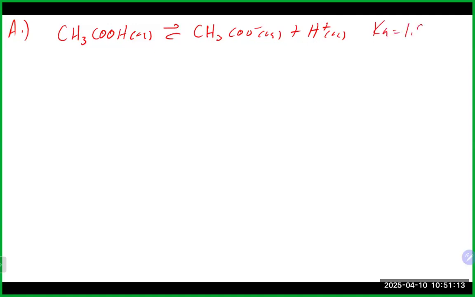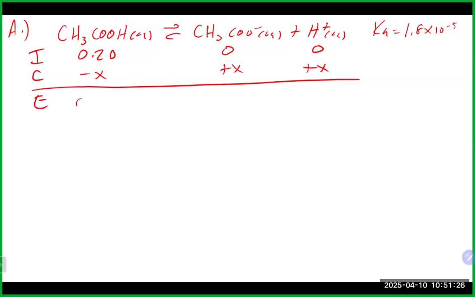So that acetic acid is going to set up an equilibrium. We'll get acetate and some H plus here. Then we have a Ka value there, 1.8 times 10 to the minus 5. So initially we have 0.200, change minus x, plus x, plus x, and at equilibrium, 0.2 minus x, x and x.